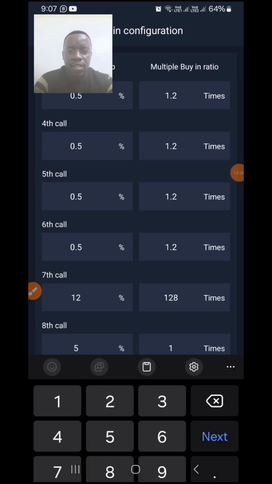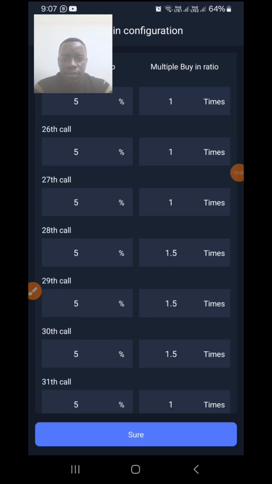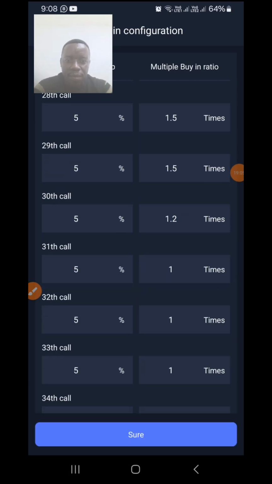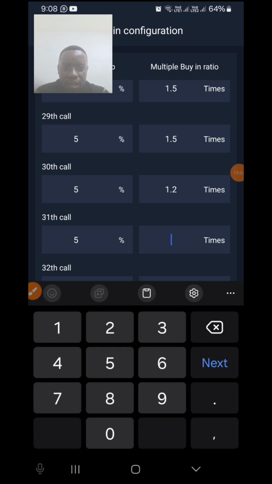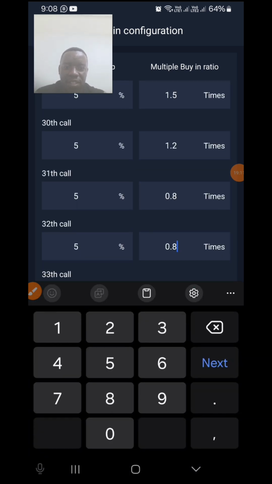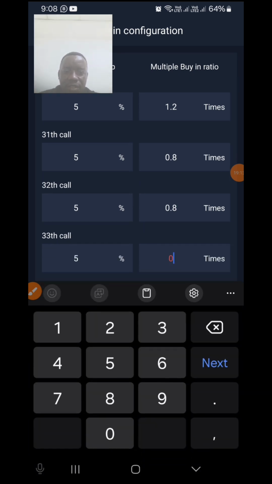Up to the 30th margin call you've used 1.2. It means here you're going to use 0.8, up to the 60th.